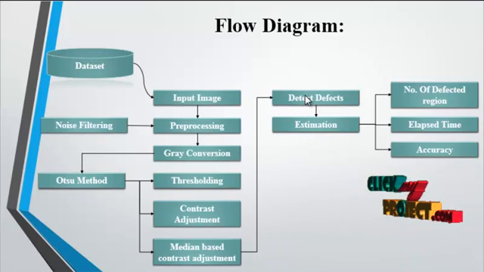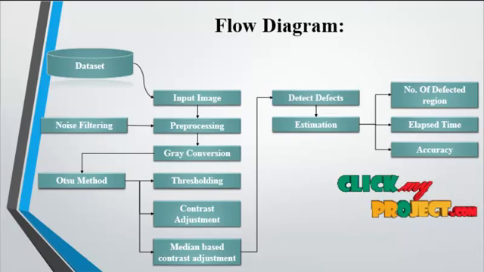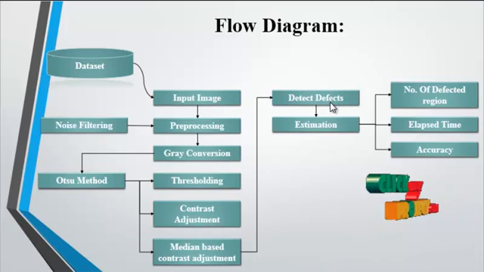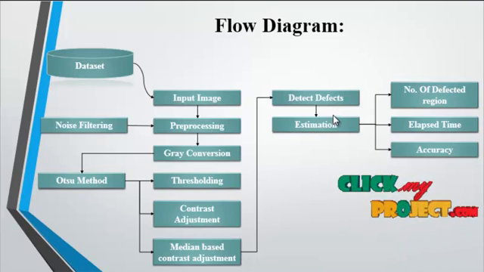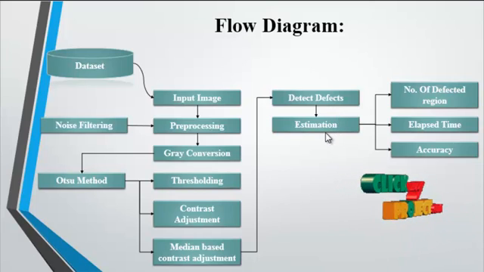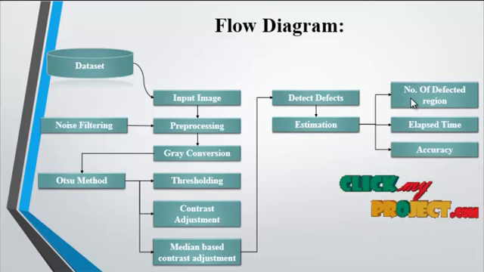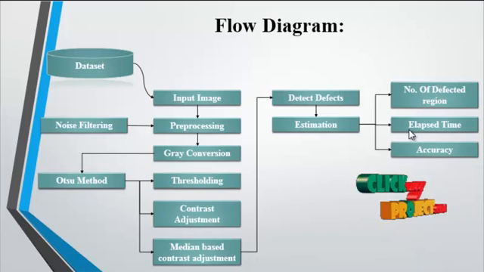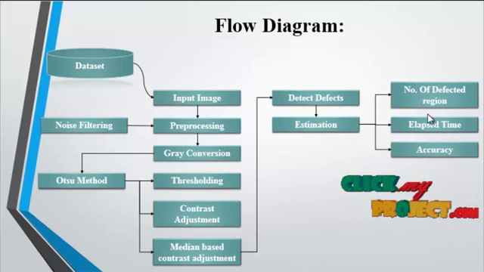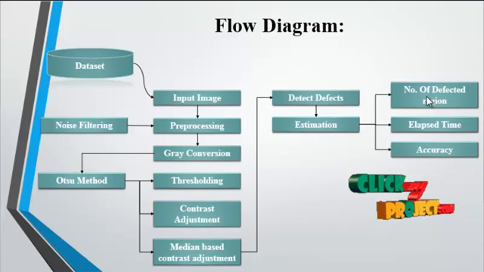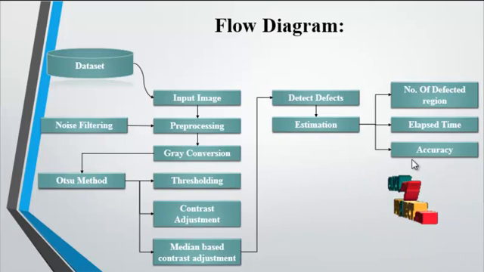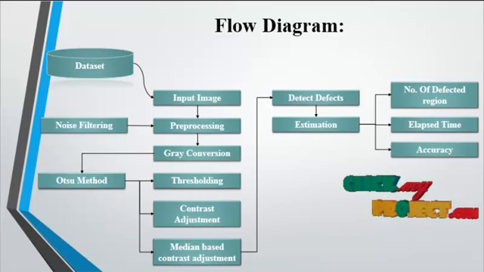In the detect defects method, the number of blobs which are affected is shown. After detecting the defect in the plate, the estimation is carried out. In the estimation step, we calculate the number of detected regions, the elapsed time, and the accuracy. Then these three estimations are plotted as a graph.